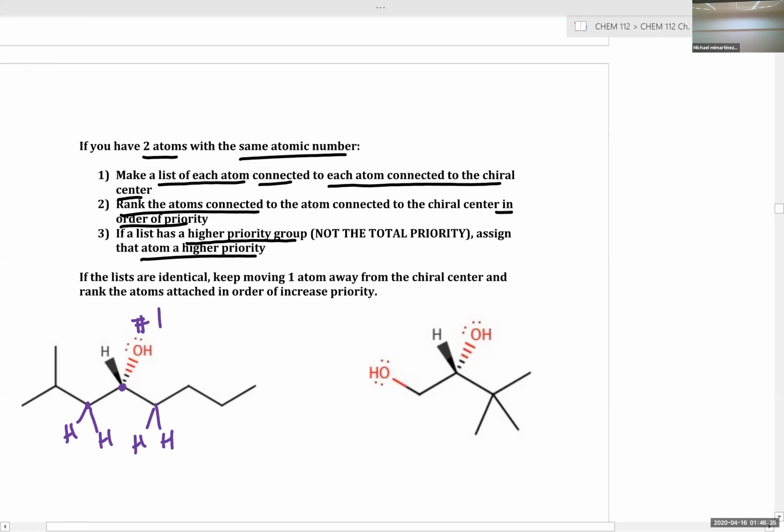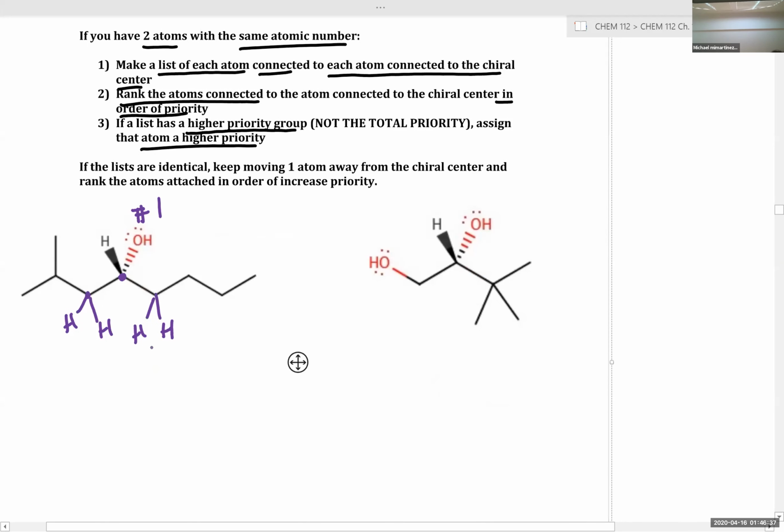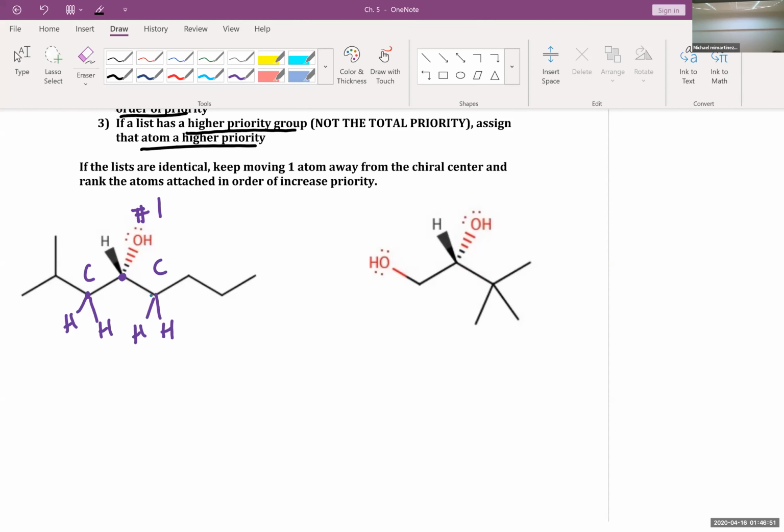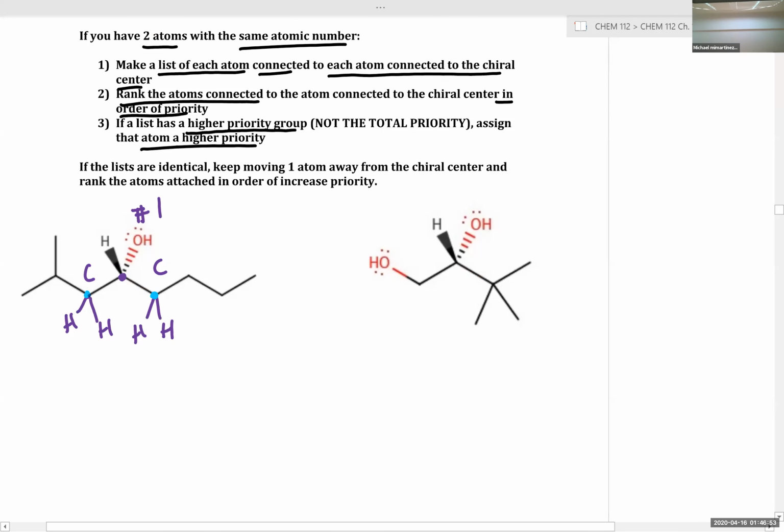Now, in our tiebreaker, we have 2 carbons. These carbons are tied, right? They have the same atomic mass, carbon and carbon. So now we're going to put a dot, and make a list of everything attached to these carbons.